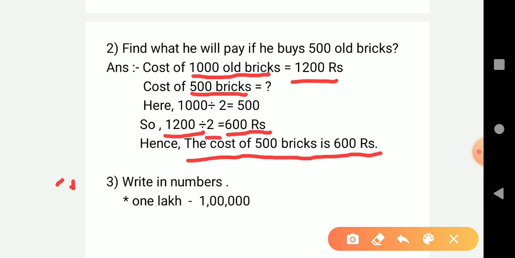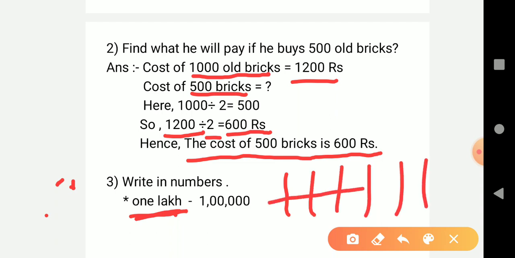Yes, very good. Now my third question is, write in numbers 1 lakh. So if you want to write 1 lakh, then first you arrange a place value chart.